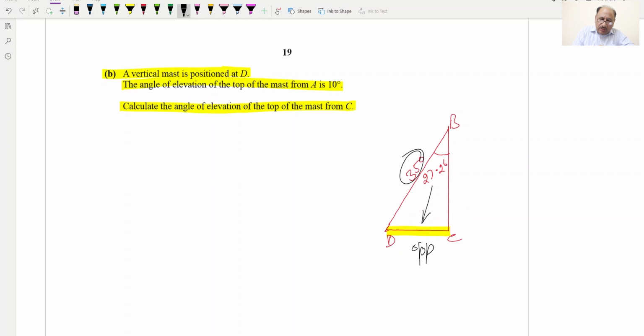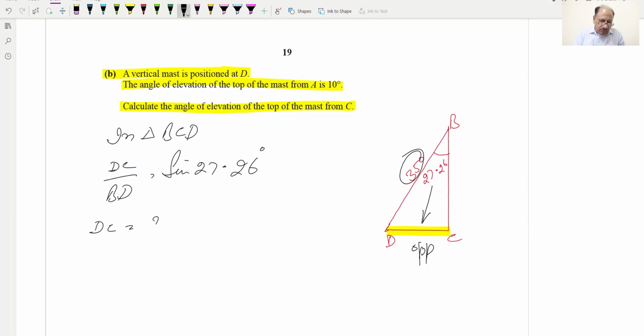So in triangle BCD, DC over BD is equal to sine of the angle, which is 27.26 degrees, and this will be DC over BD, which is 350.